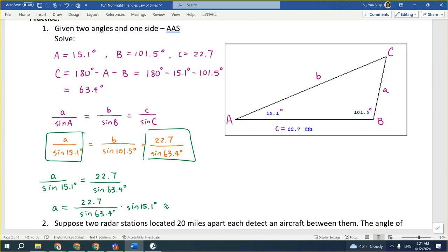So everybody plug in your calculator. I want to see if you can get the same answer. What answer do you get?